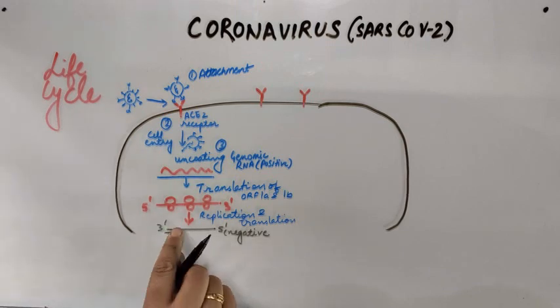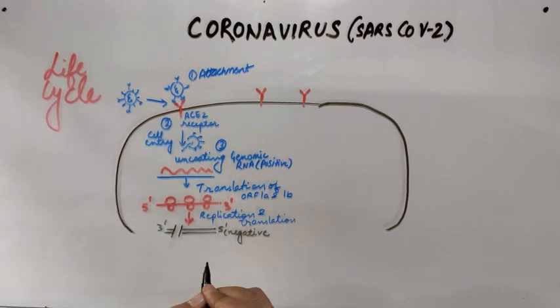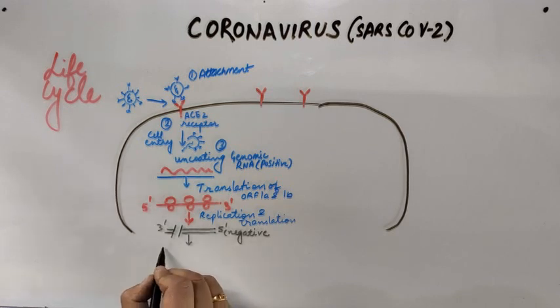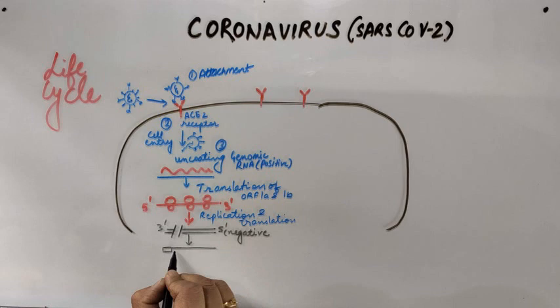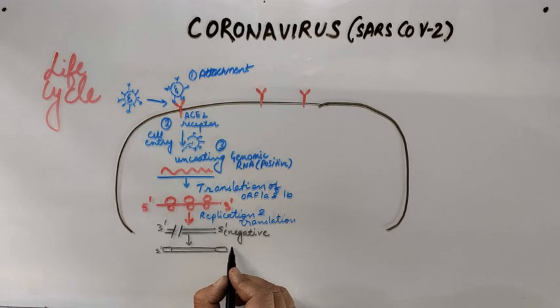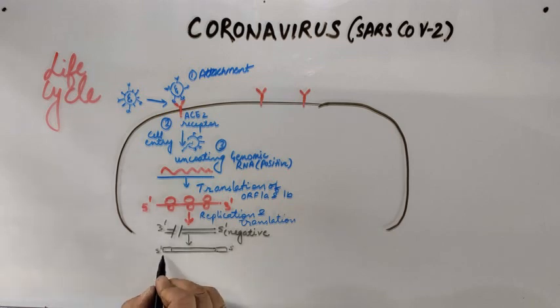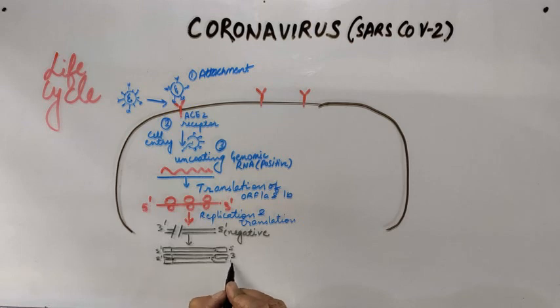Host ribosome translates virus genome and forms long polyproteins. The polyprotein has its own proteases which cleave the polyprotein into multiple non-structural proteins. Now, a number of non-structural proteins coalesce to form a multiple protein replicase transcriptase complex.